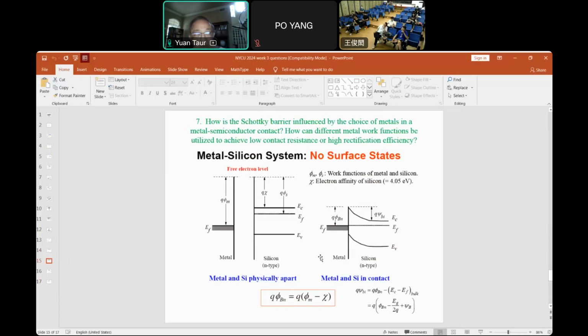But in practice, when we make a CMOS, maybe Sun Yanzhang can give some comments. But as far as I know, the same metal or same silicide is used for N plus and P plus. So in that case, we just choose mid gap. If the barrier is at mid gap, then it's the same barrier to N plus and the same barrier to P plus. Is that still the case?